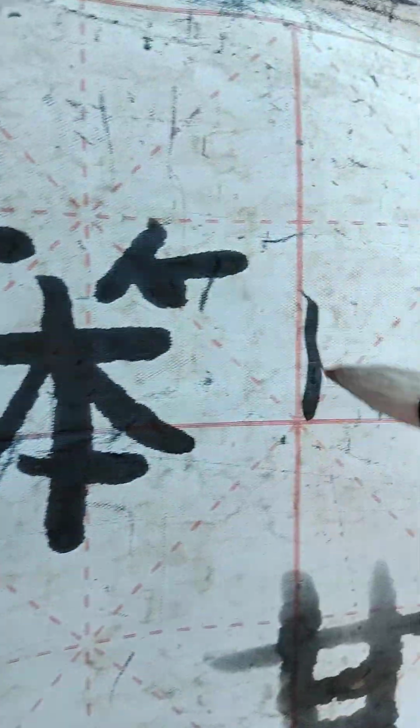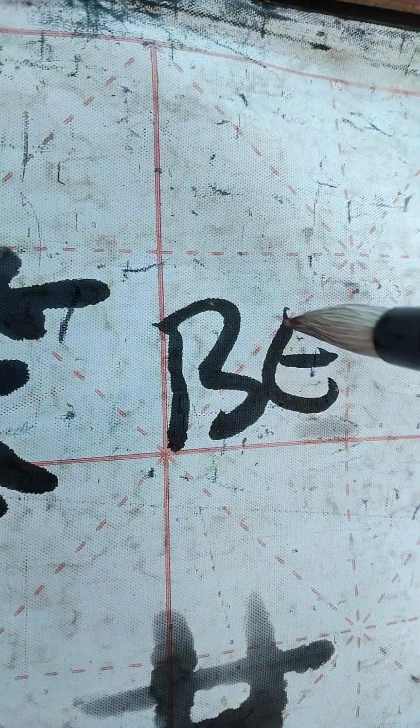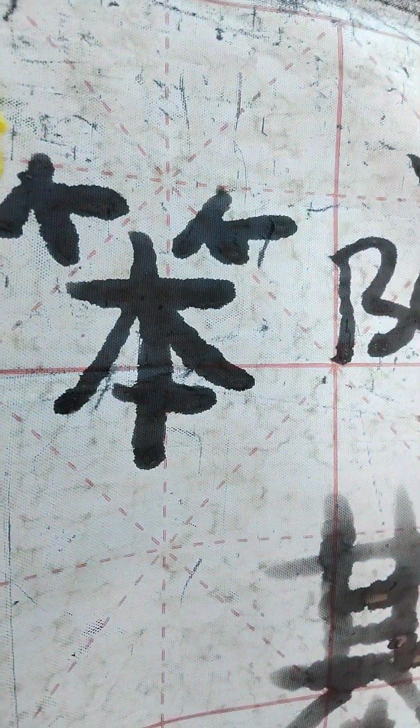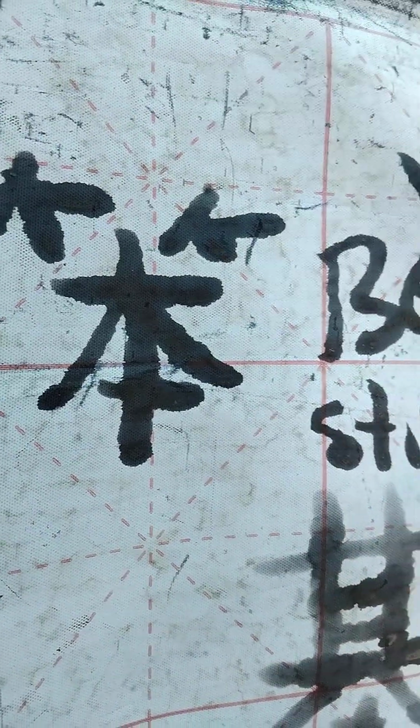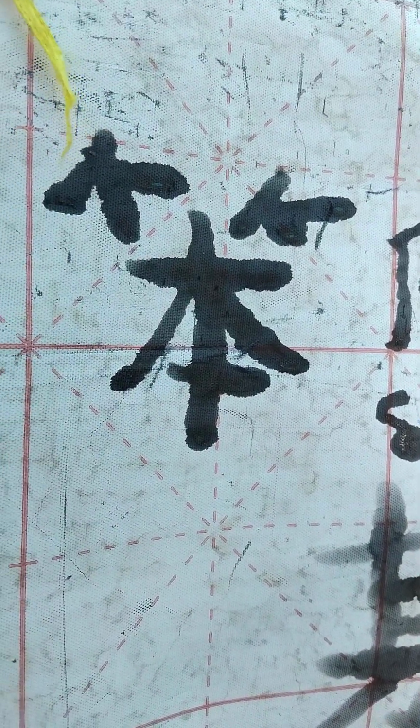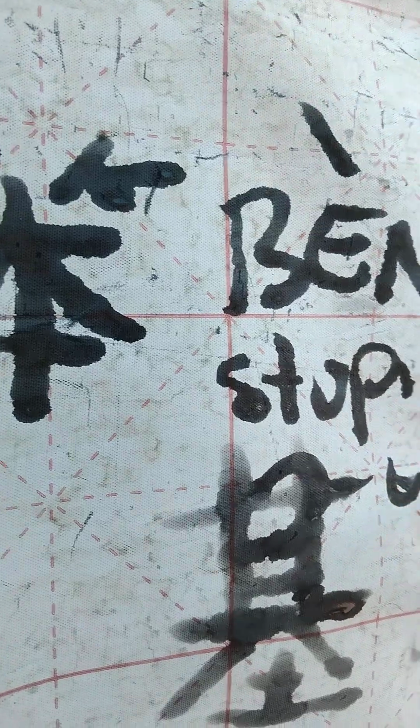And this is bun in the fourth tone. Let's write it over here. I know I gotta get this camera shaking down. Bun. And this means stupid or foolish or fool. Let me just put it that way.